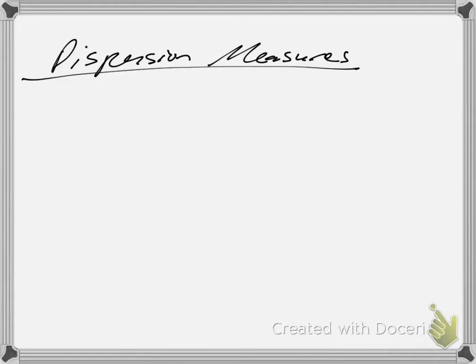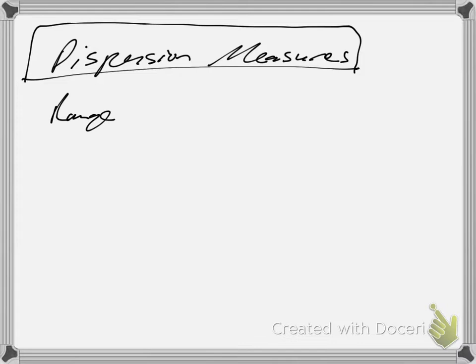All right. So let's talk about dispersion. Let's first address range. The range of a data set is equal to the highest value minus the lowest value. It's that simple.